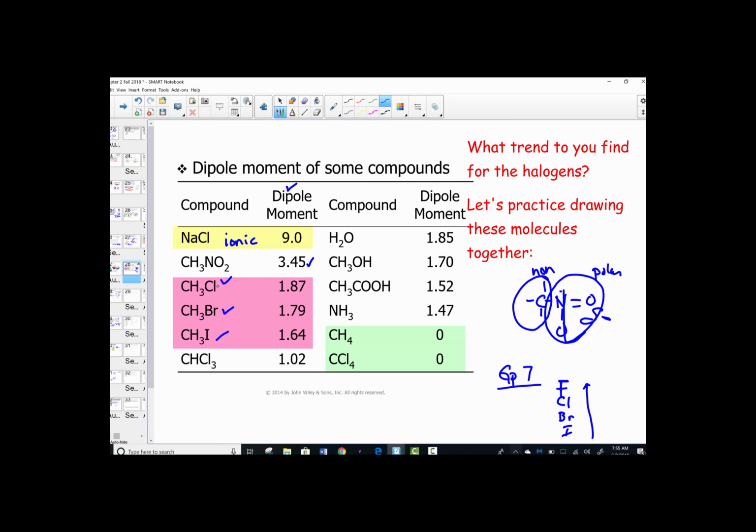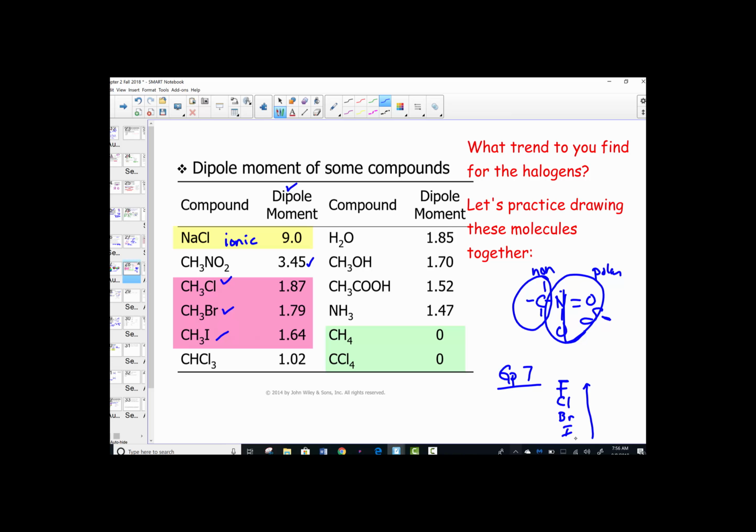So here we're comparing that trend. Notice as we go down the column of the halogens, the polarity of the molecule decreases. The numbers are going down. Chlorine has a greater ability to pull electrons towards itself, creating a greater polarity as compared to bromine, and iodine, not so much.